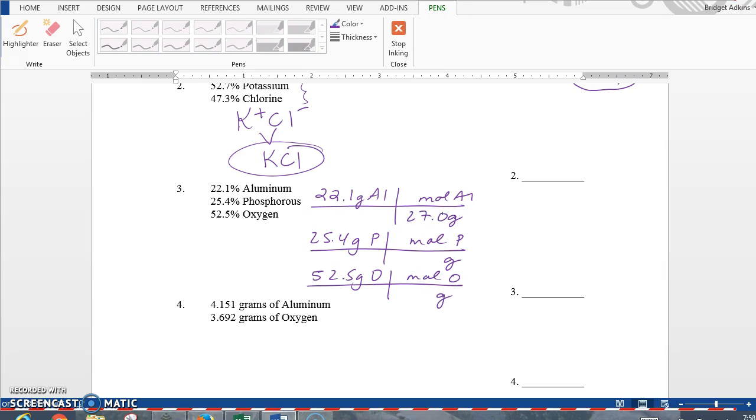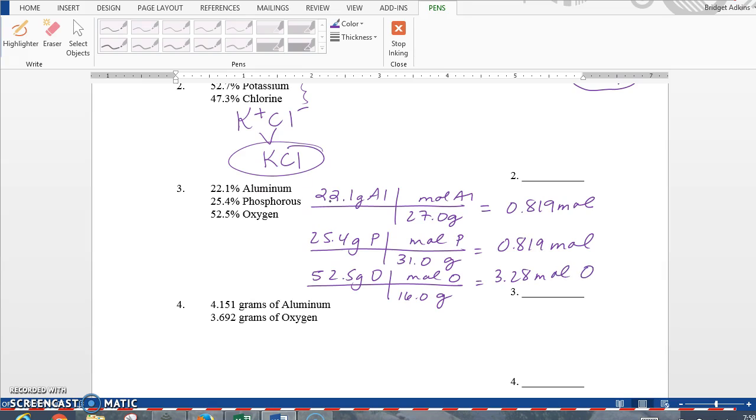Alright, so 27 grams per mole of aluminum, 31.0 for phosphorus, it's 30.97 on the periodic table, but that 7 kicks it up. And then oxygen is 16.0. Alright, so we get all of our moles. We get 0.819 moles for aluminum. We get 0.819 moles for phosphorus. And we get 3.28 moles of oxygen.